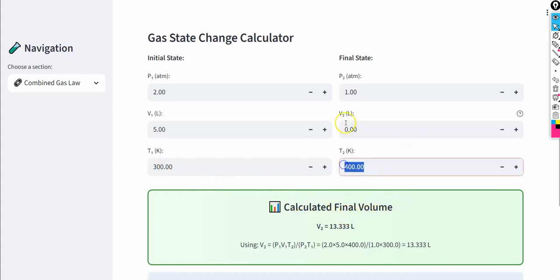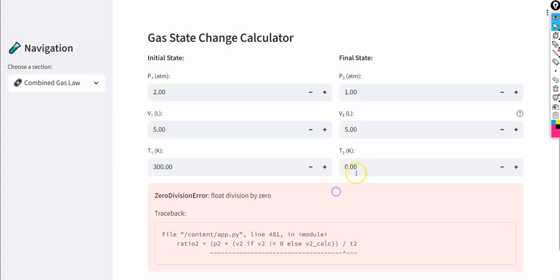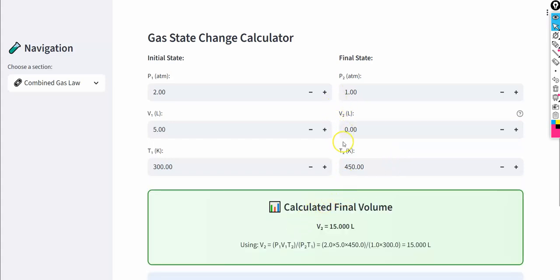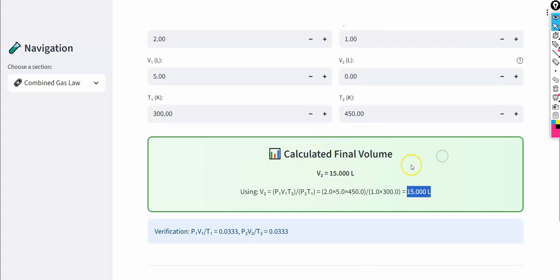Now if I want to calculate, suppose this one, it is not coming, something is 0. So you have to give something, and here you have to put 0. So here it is actually calculating the final volume. V2 is P1 V1 T2 by P2 T1, so that is 15 liter.